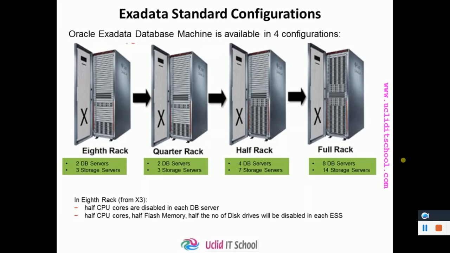Depending on your business and budgetary requirements, small customers may start with 8th rack, big customers may go for full rack. Or today you purchased 8th rack, later you can upgrade to quarter rack once you are using the full capacity of the 8th rack. You need more capacity, so 8th rack can be upgraded to quarter rack, to half rack, to full rack.